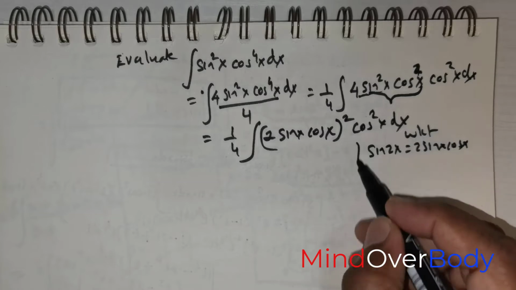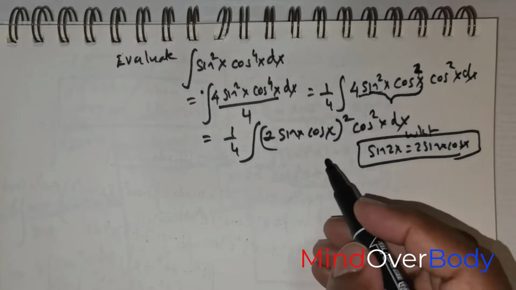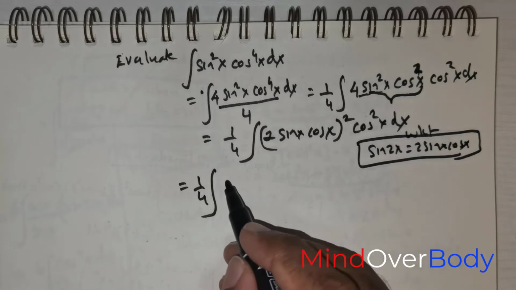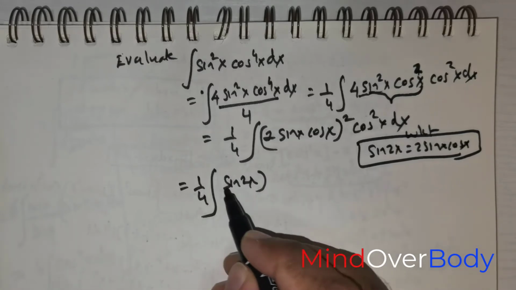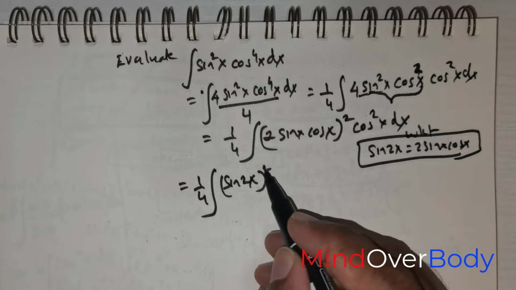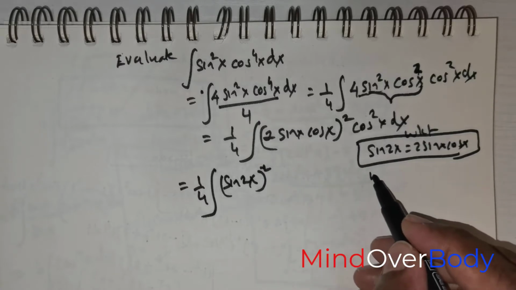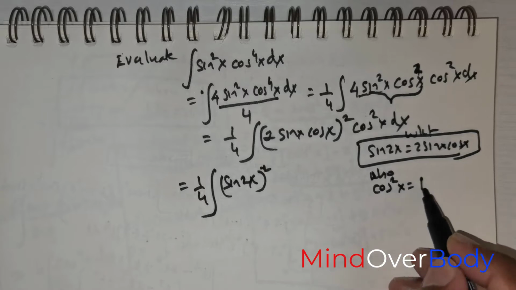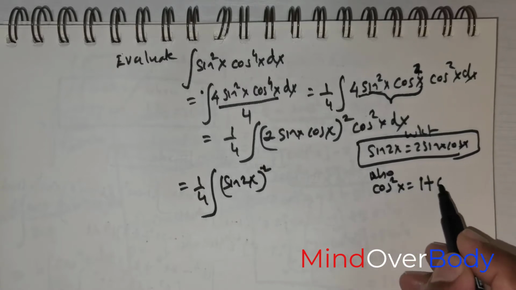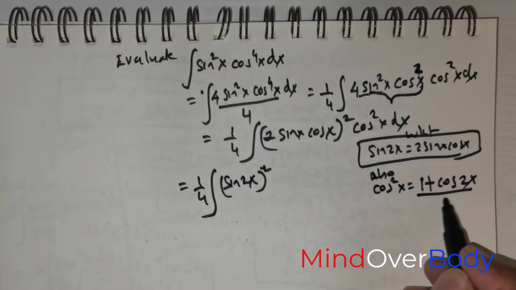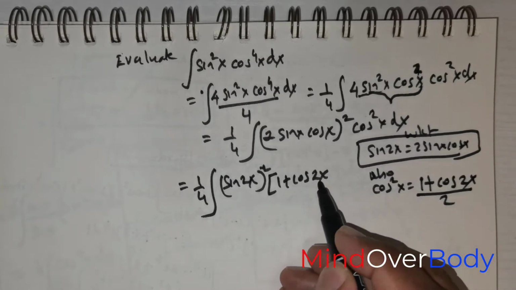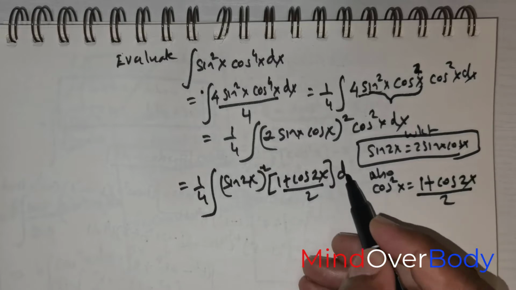We know this formula, right? So just substitute that formula there. That's going to be 1/4 times integral sin 2x raised to the power of 2 times cos squared x. Also, cos squared x is nothing but 1 plus cos 2x divided by 2. So I'll be substituting that. So it's going to be 1 plus cos 2x divided by 2 times dx.